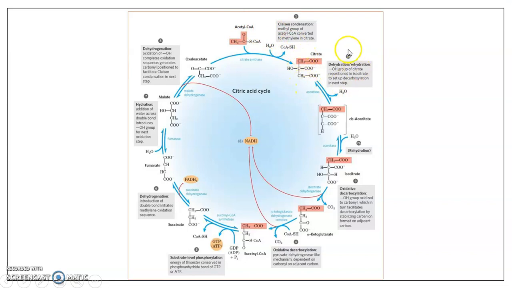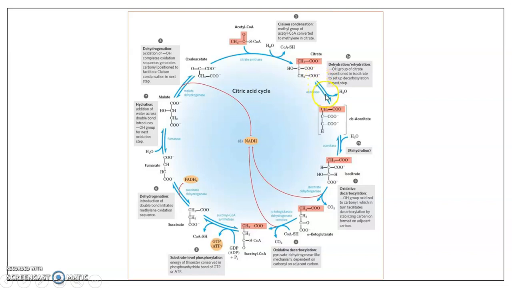Now the next is citric acid to isocitrate. It's an isomerization process, but it is not a single step, it is a two-step process, the formation of isocitrate from citrate. So citric acid first undergoes an isomerization and then an asymmetric dehydration.